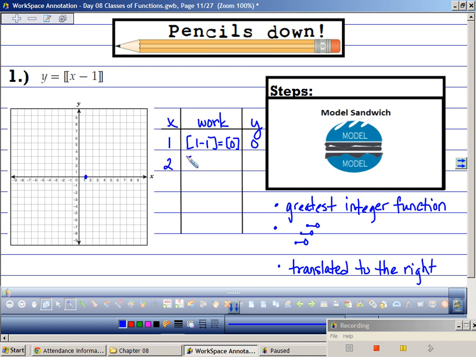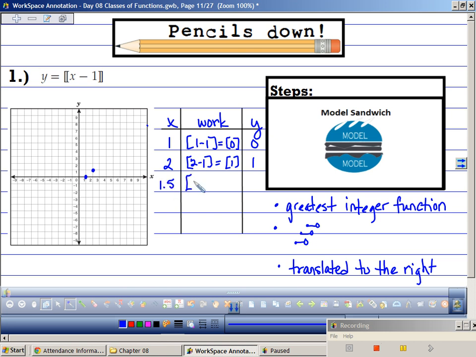So let's put in 2. 2 minus 1 is 1, which is 1. So I go over 2, I go up 1. The next thing I need to check is, is there anything going on between 1 and 2? What's going on between 1 and 2? So I'm going to put in 1.5.